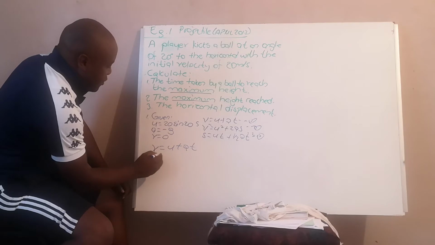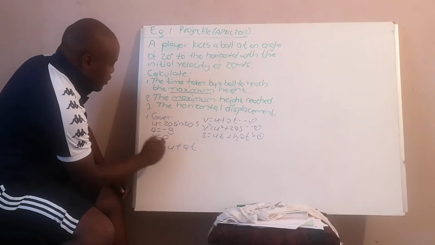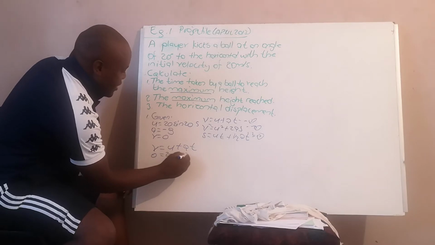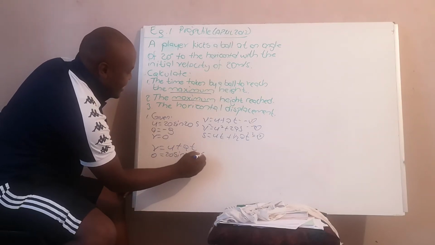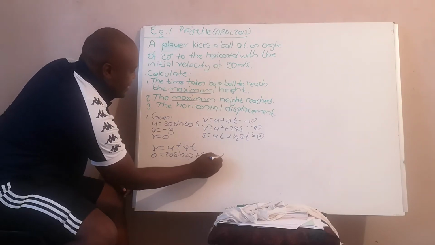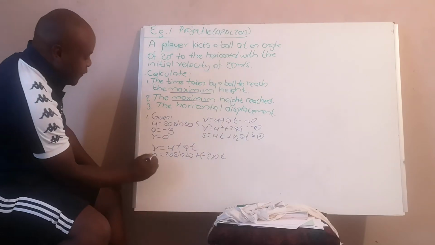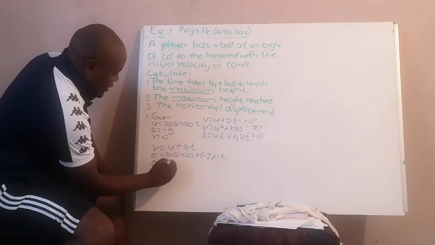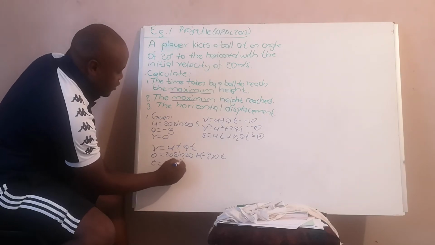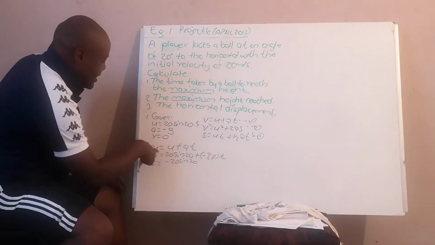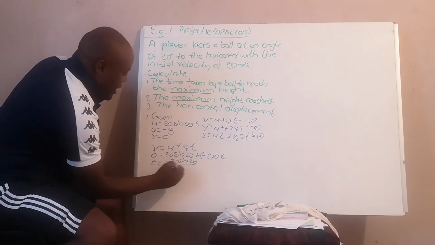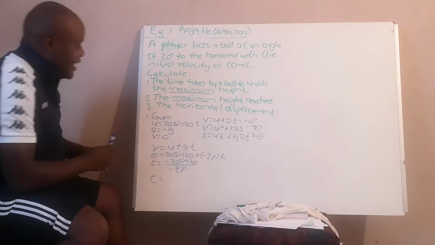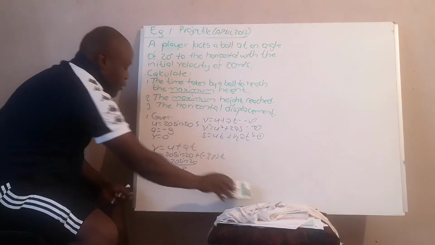V is 0, U is 20 sine 20, plus acceleration, negative 9.8, times T. Make T the subject of the formula. T will be negative 20 sine 20, when it goes to the other side, divided by negative 9.8. You get your time taken for your maximum height.